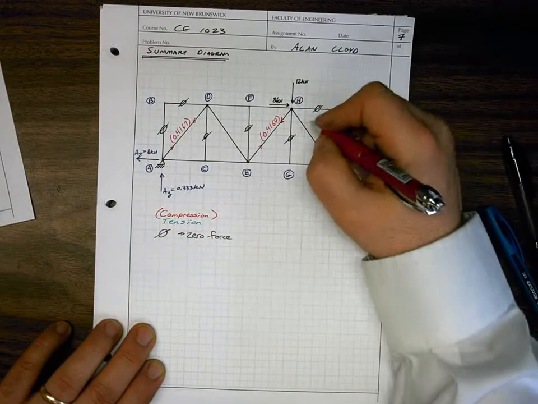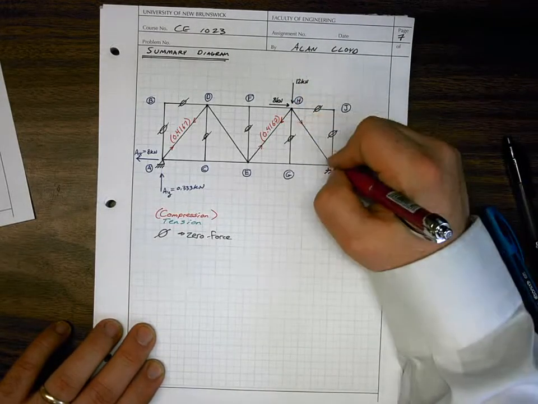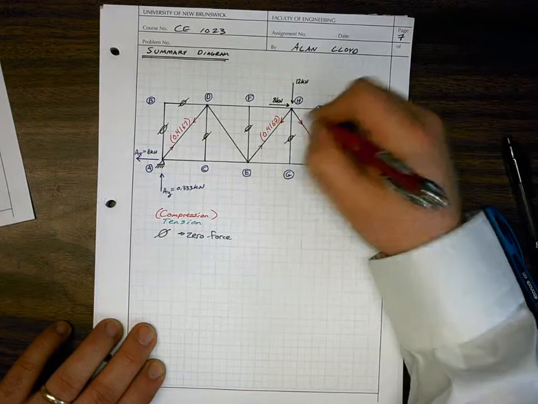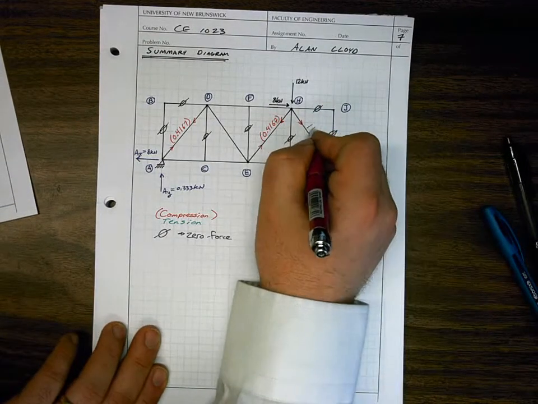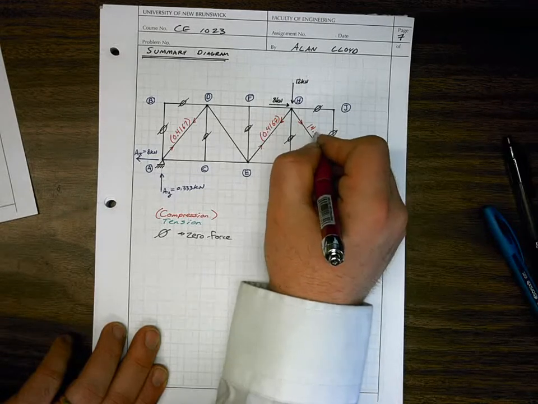Here we've got another compression chord. There we've got 14.583 in compression.